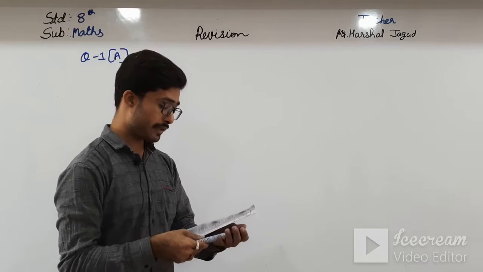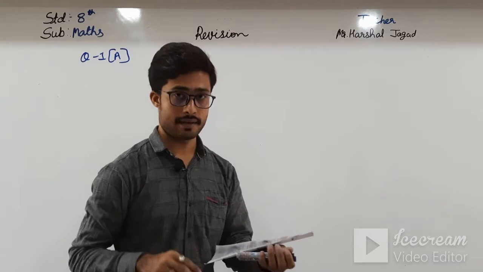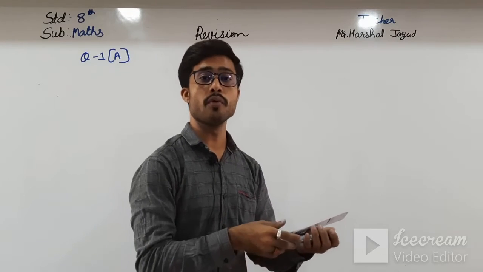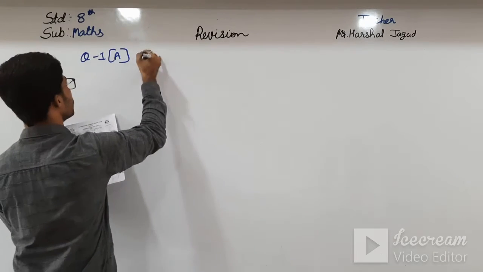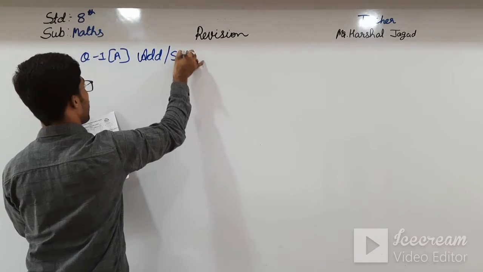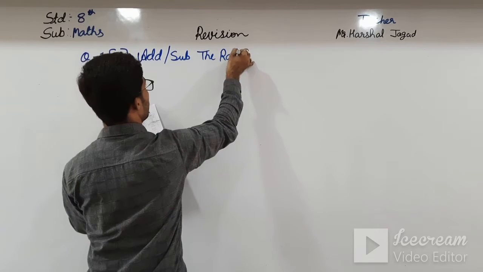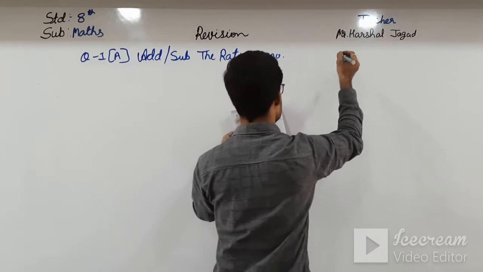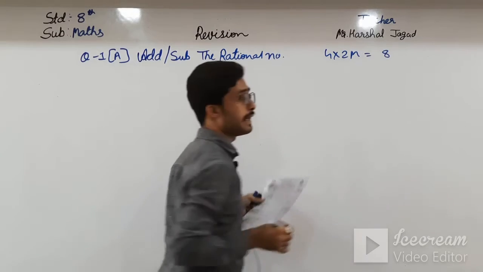You can see students, 2 marks are given, but 2 is asked and you have to do 4. So here you have to add or subtract the rational numbers, that is 4 into 2 marks, so it will be 8 marks.